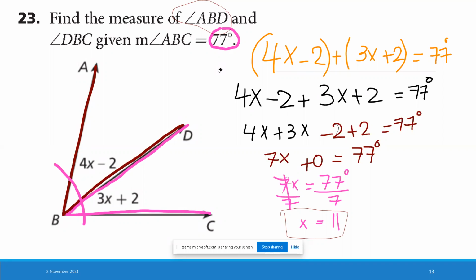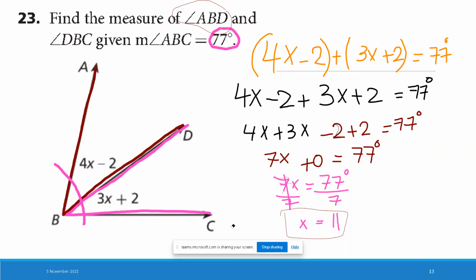So now here, the question didn't ask me to find x. It asked me to find the measure of the angles. And as I told you, if you see any algebra questions, you have to find x, then substitute.